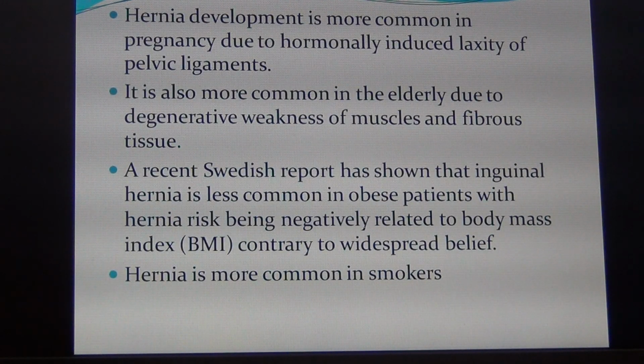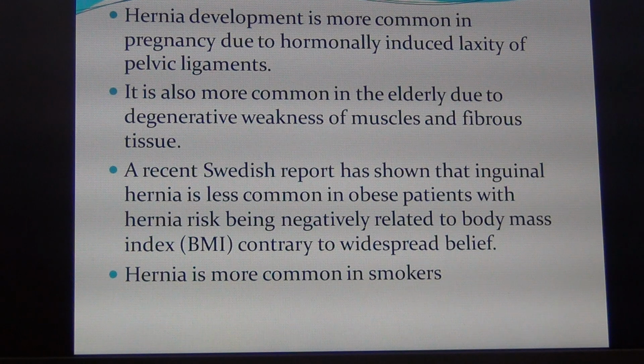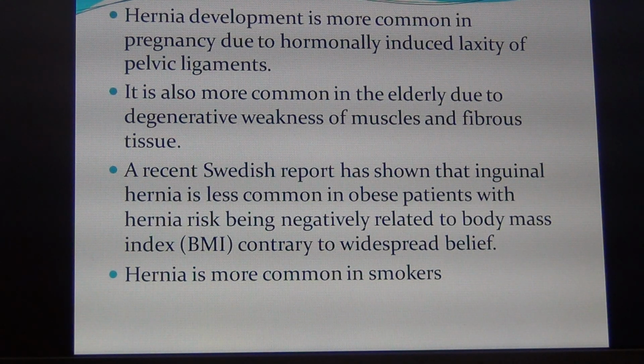So hernia development is more common in pregnancy due to hormonally induced laxity of the pelvic ligaments. It is also more common in the elderly due to degenerative weakness of muscles and fibrous tissue. A recent Swedish report has shown that inguinal hernia is less common in obese patients, with hernia risk being negatively related to body mass index, contrary to what was believed.